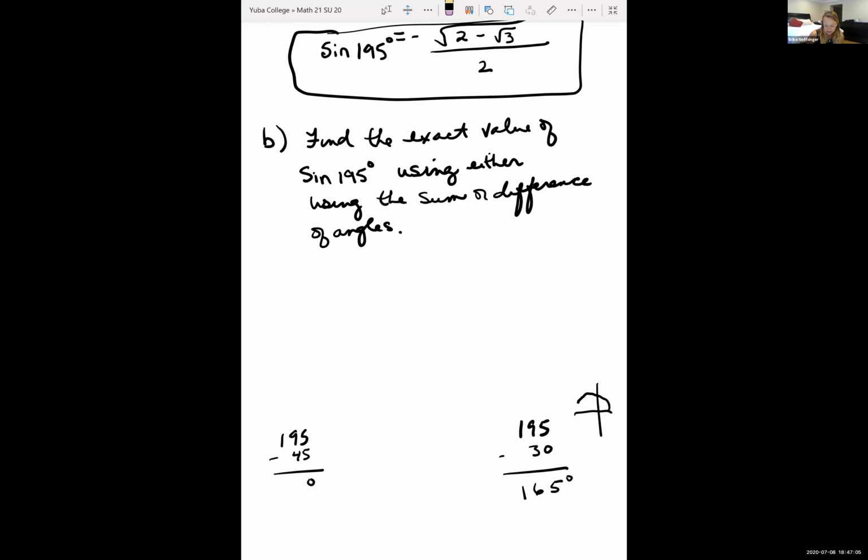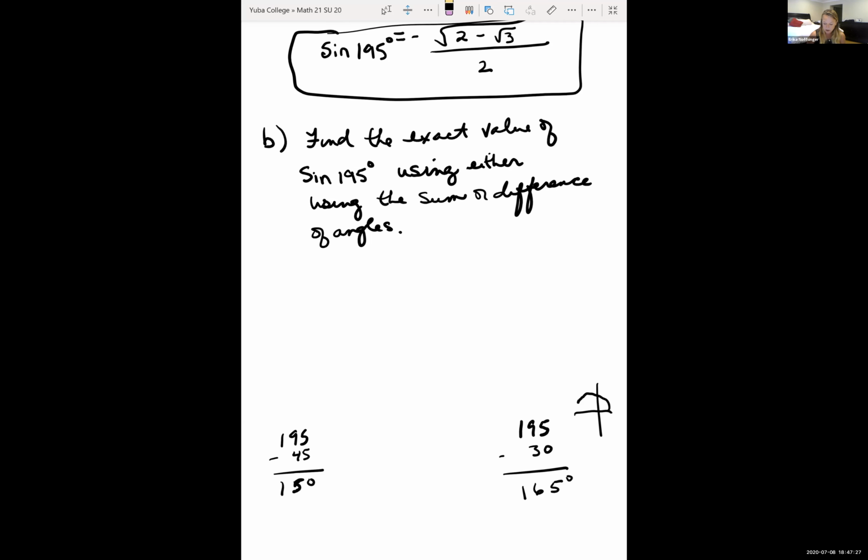And so this is 150 degrees, we know that one. That's over here, 150 degrees, and we need 30 degrees to get to 180, a reference angle of 30 degrees.